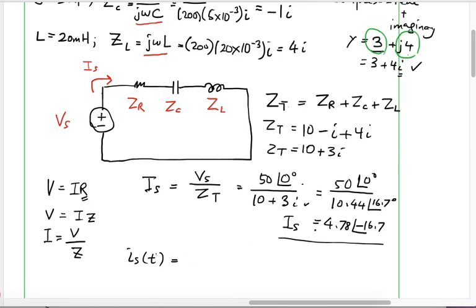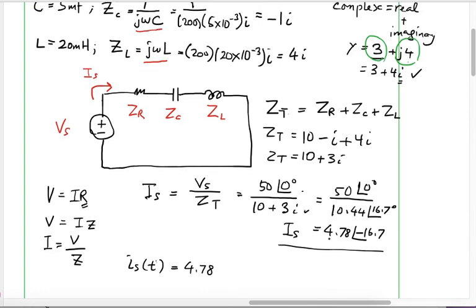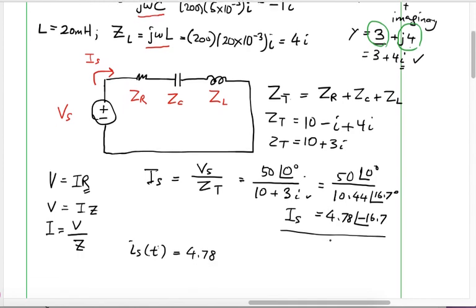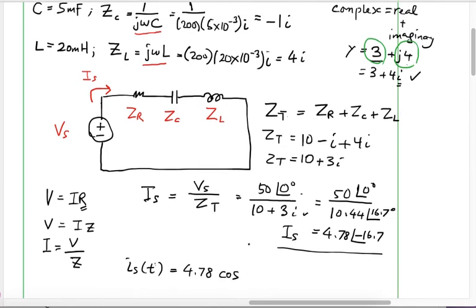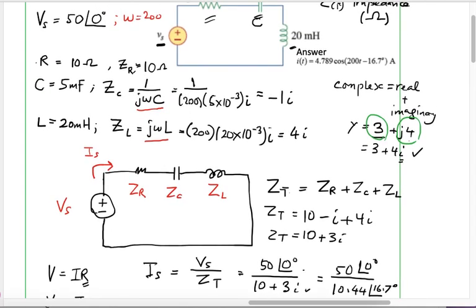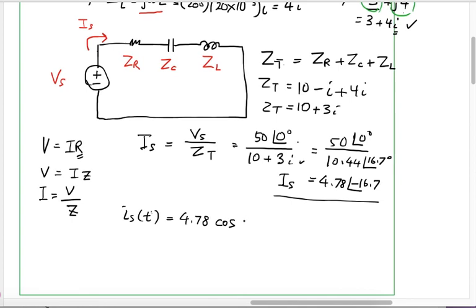What is the amplitude of this signal? It is 4.78. And then, since we are converting it from a phasor, the converted signal would be cosine. And then omega t. We do not change our omega. Omega remains the same before and after your calculation. So omega is still 200t.